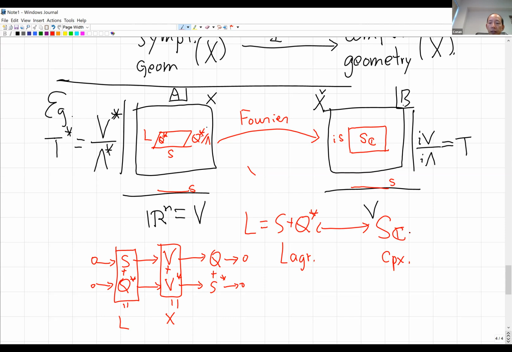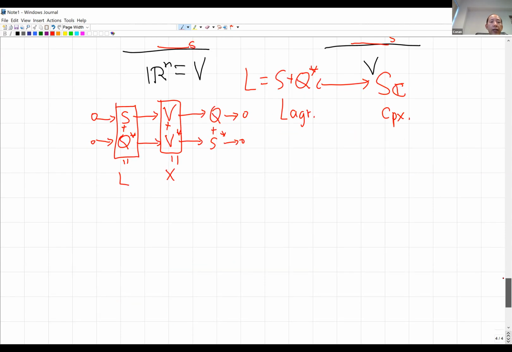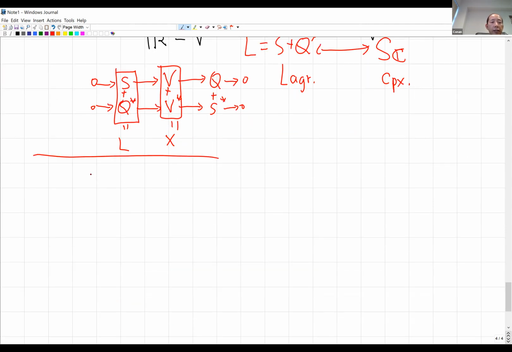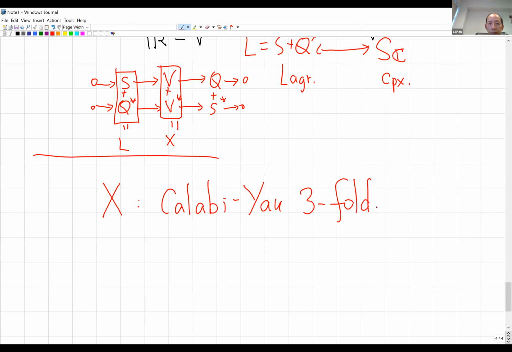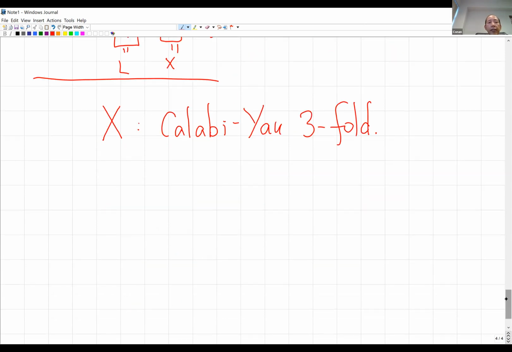All this space, I should mention a couple of remarks here: our space X has to be a Calabi-Yau threefold. And maybe I should say a few more words about what that exactly is.